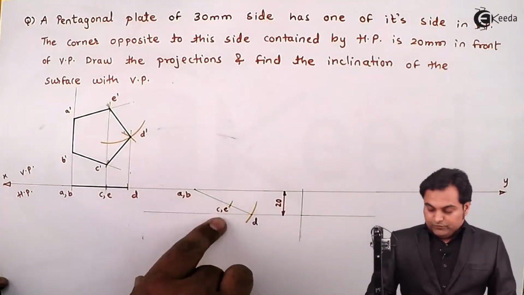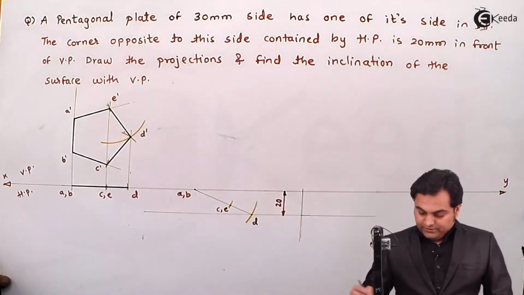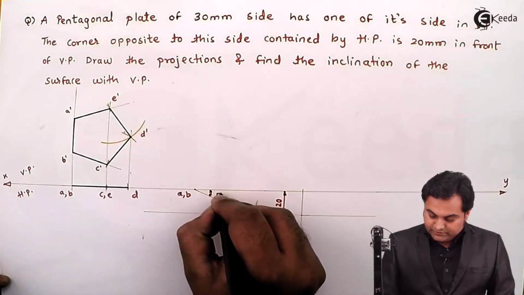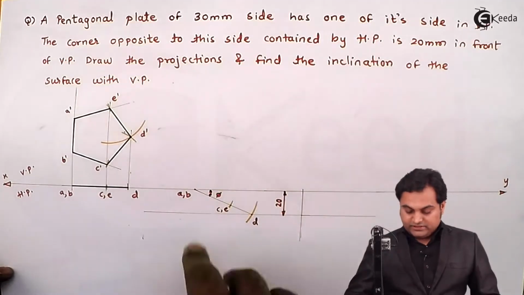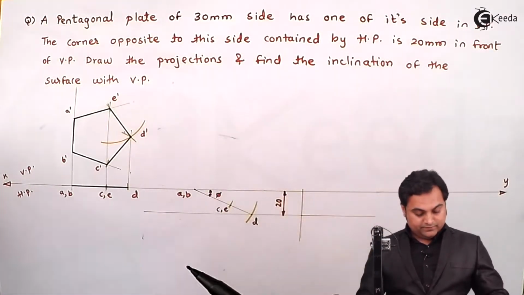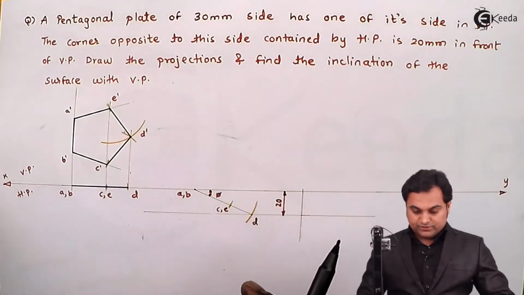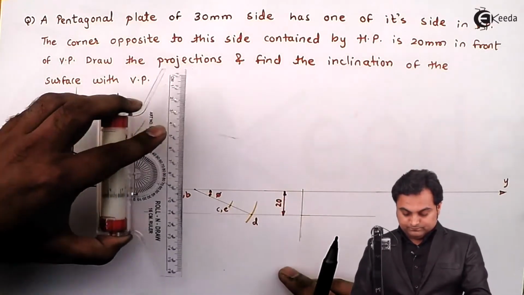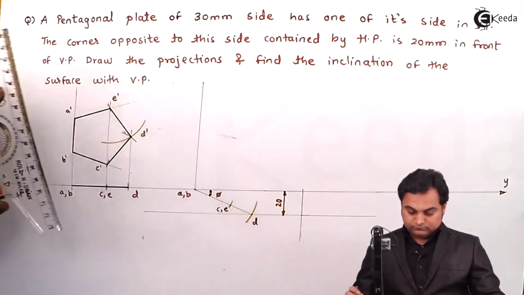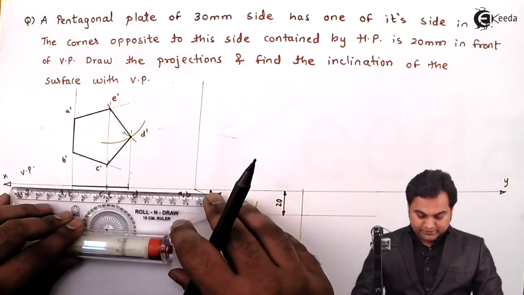So this is the top view, and here the inclination, I'll say it is with respect to VP seen in HP, denoted by phi. Next, I'll project the front view. For that, starting with AB, they are onto the same location. Then point A dash.